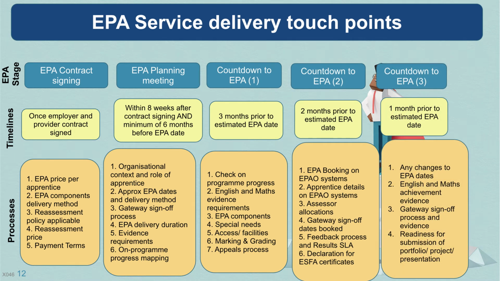And we look at specific things which are actually tailored to the particular standard that we are delivering the endpoint assessment service for. But I will go through this example to make that come alive a bit later on. And then hopefully after we've handheld the provider and the employer through this process, we will be in a position where the apprentice actually successfully goes on to the gateway stage.